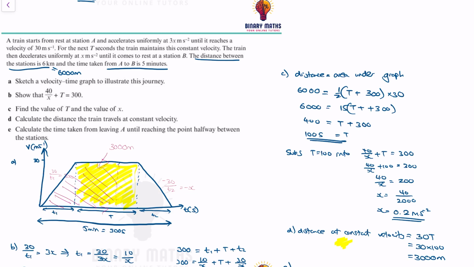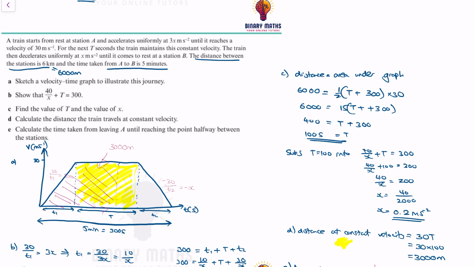So area up to t1, up to the end of t1, so the triangular part only. t1 is equal to 10 over x, which is 10 over 0.2, which is equal to 50.